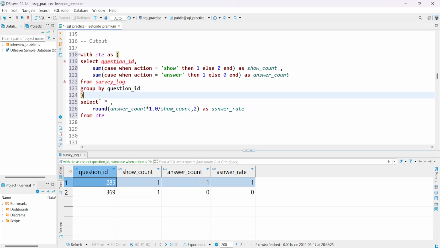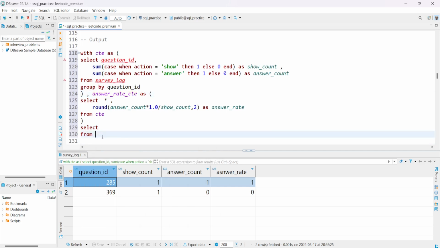Now we have found this also, so this should be answer rate. This we can put in a CTE, answer rate CTE as, and in the next statement, select from answer rate CTE.